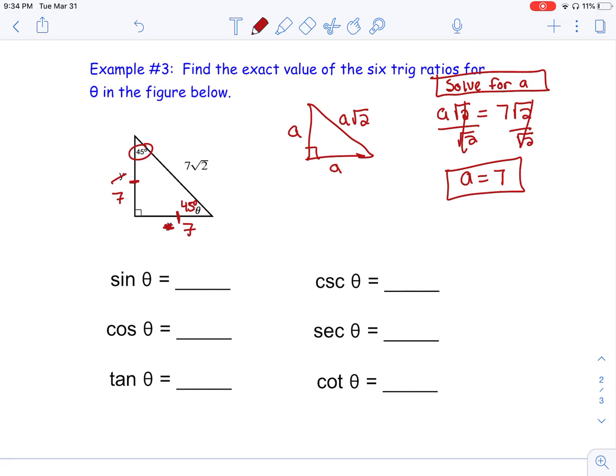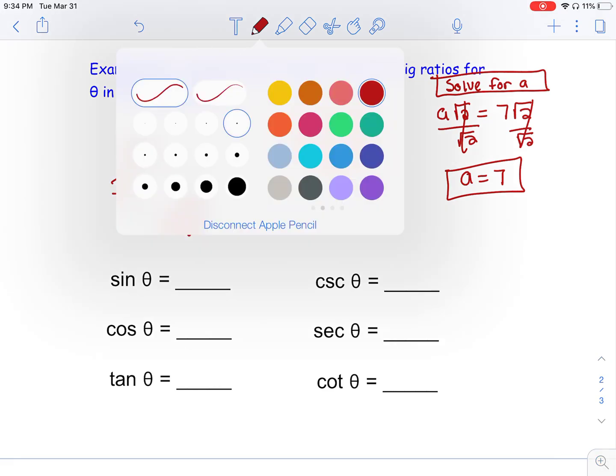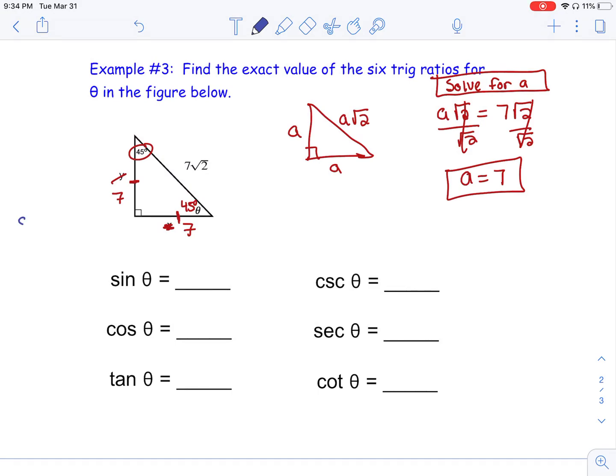So now I have the three sides of my triangle, and I can think of SOHCAHTOA here to solve. So sine is opposite over hypotenuse. So I have to label my sides here. My hypotenuse is opposite my right angle.